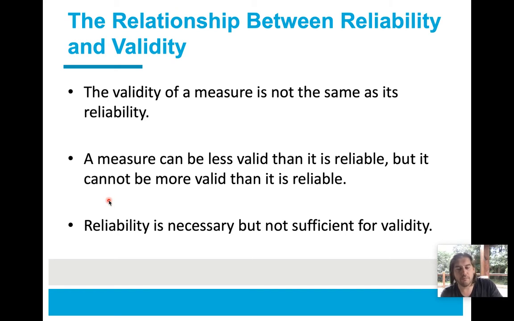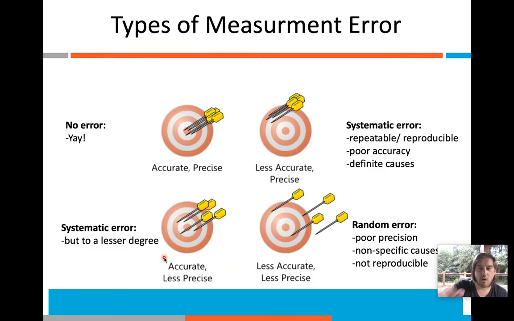But in general, reliability is necessary but not sufficient for validity. So let's see what that means with this sort of 2x2 comparison thing. So let's think about accurate measurement, so valid measurement, as hitting the target.